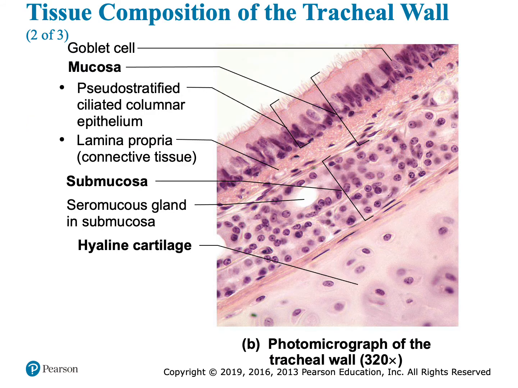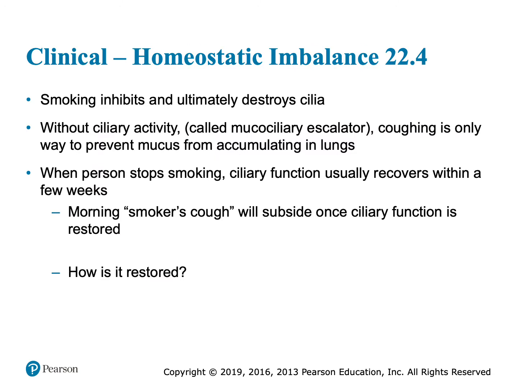Do you remember this? Smoking. What happens with smoking? It destroys those cilia. So then we have lost our little elevator that brings all the little cooties that we breathe in back up into our pharynx so we can swallow it.